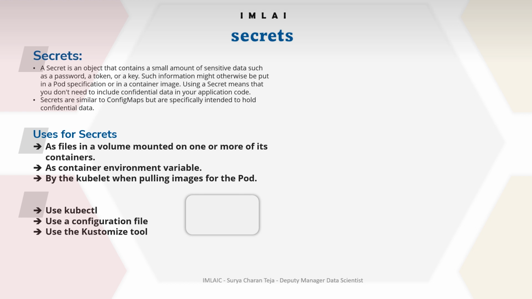So, using secrets as files from a pod. If you want to access data from a secret in a pod, one way to do that is to have Kubernetes make the value of that secret available as a file inside the file system of one or more of the pod's containers.